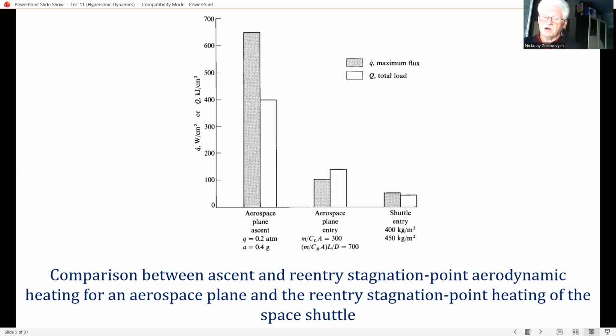And even more striking, the ascent heating of the aerospace plane is an order of magnitude larger than re-entry heating of the space shuttle. Hence, because of the requirements of the aerospace plane to achieve essentially orbital velocity within the atmosphere, the aerodynamic heating during ascent dominates its design.